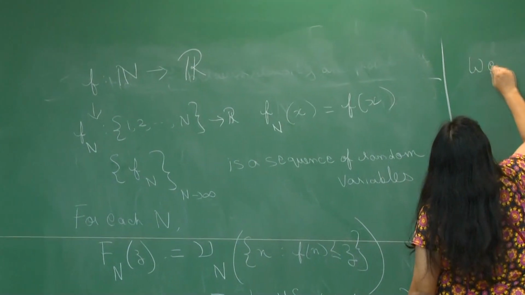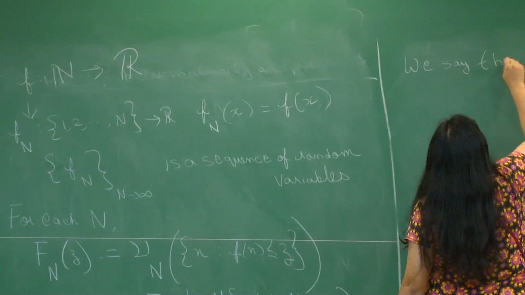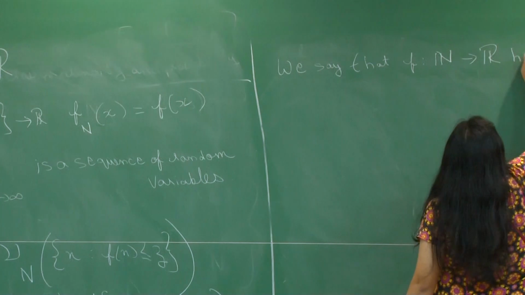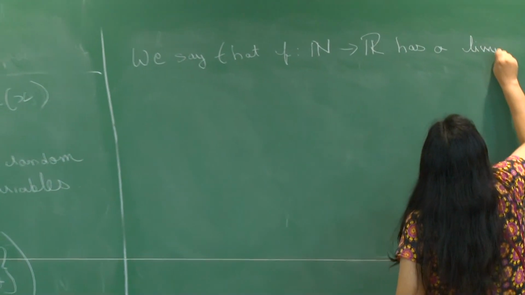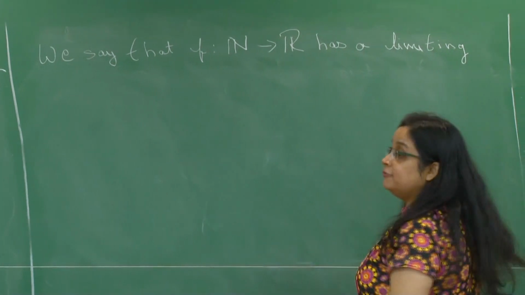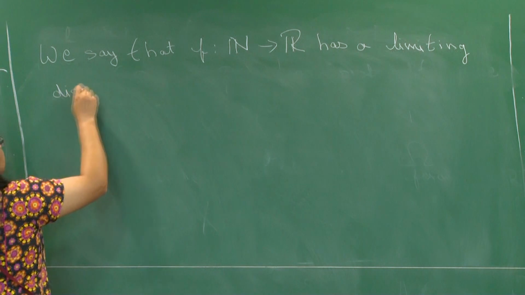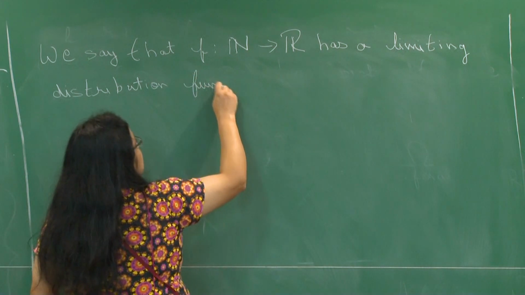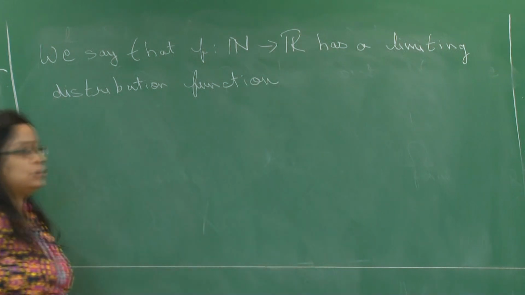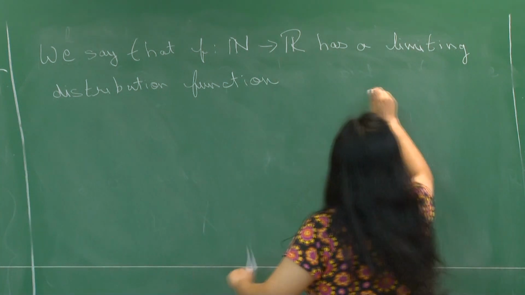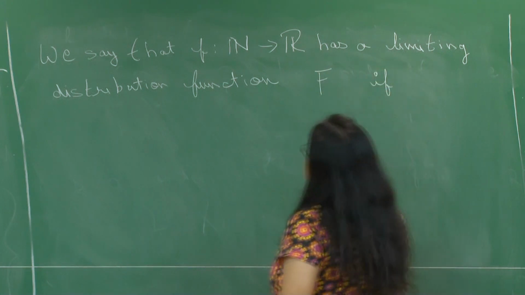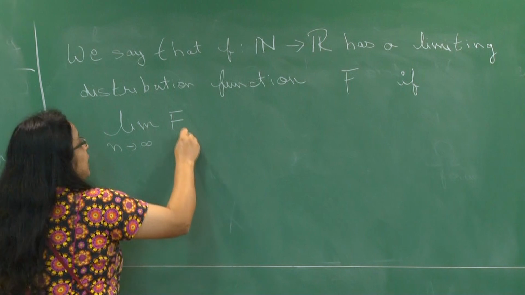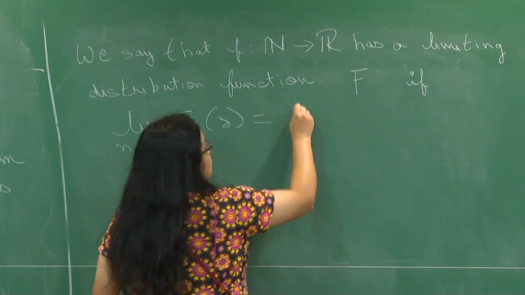Fine. Now, we say that all of this has come from your original arithmetic function. So, we say that f from N to R has a limiting distribution function, let us call it capital F, if the limit as N goes to infinity of capital F sub N of z is equal to capital F of z.